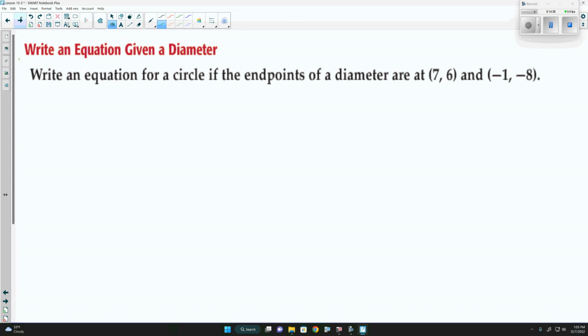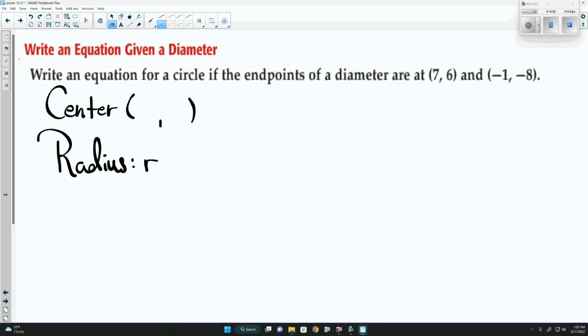Write the equation of a circle if the endpoints of the diameter are the points (7, 6) and (−1, −8). Well, we need the center and we need the radius. The radius is half the diameter, but we also need to find the center. And I'm going to find the center first.